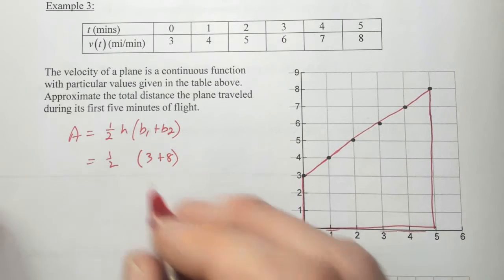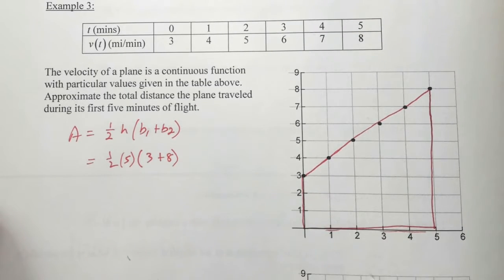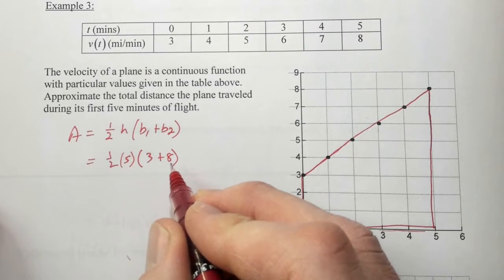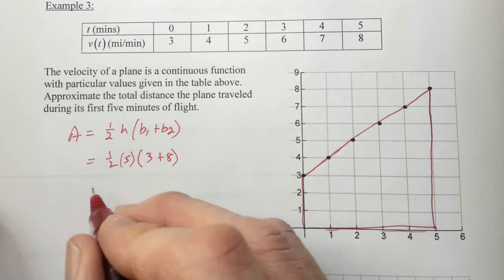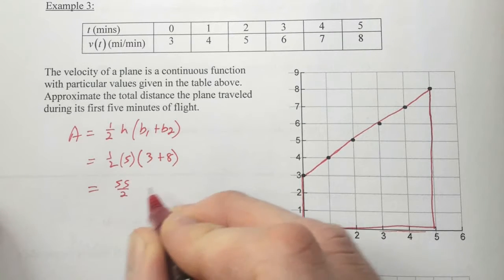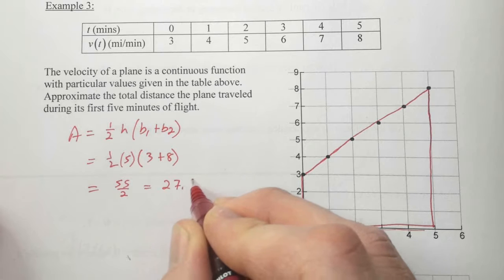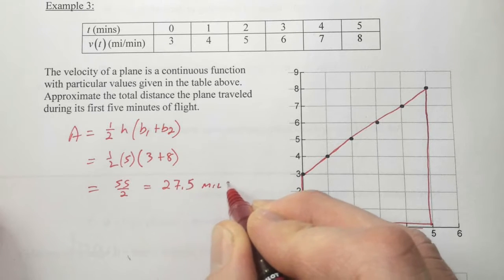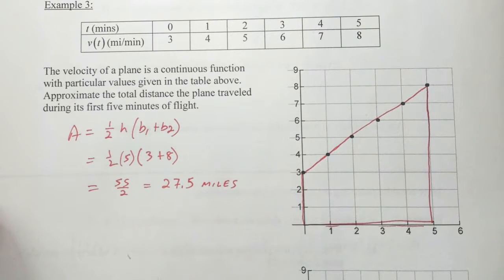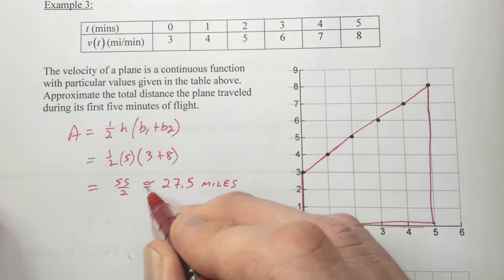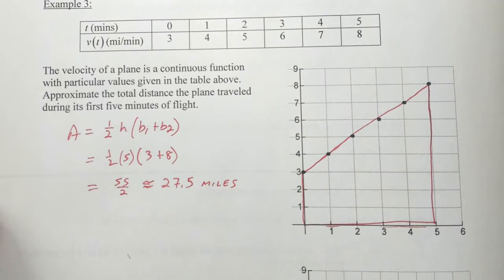So we can see that's 5 units there, so our height is 5. All right, so 3 plus 8 is 11, times 5 is 55, so we're looking at 55 over 2, or 27.5. And we're looking at a total distance traveled approximately of 27.5 miles.